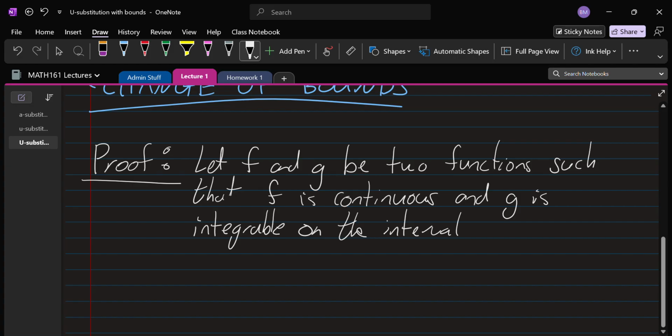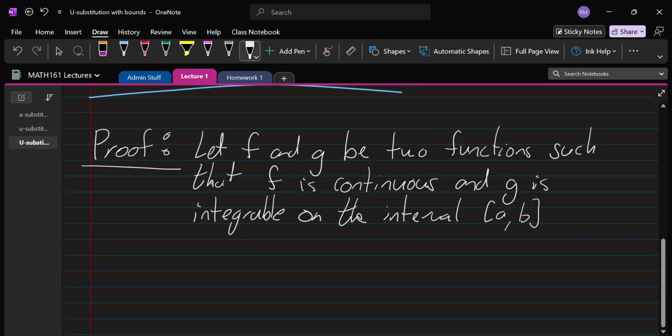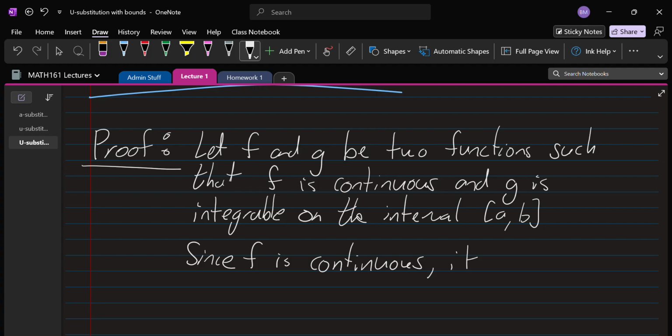So g is integrable on the interval a to b. This a to b is whatever a to b we have for the integral. Okay, since f is continuous, it has an antiderivative.